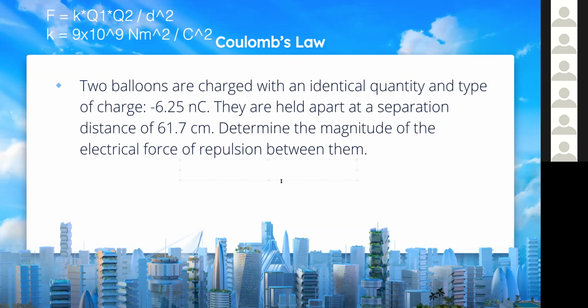All right, so a nanocoulomb, and I'll put that up here. 1 nanocoulomb equals 1 times 10 to the negative 9th coulombs. I want you to give this a try, see what you come up with.